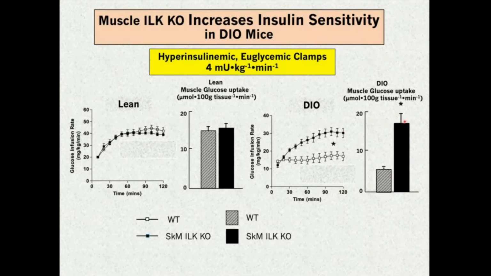So this is a very marked effect of knocking out the integrin-linked kinase. Again, the idea that if you knock it out, it improves insulin action means that its presence is required for insulin resistance.